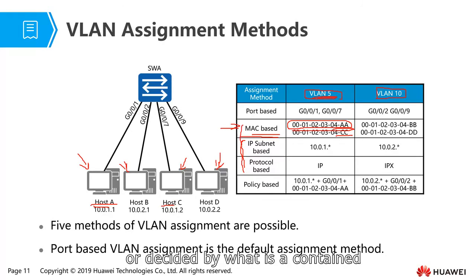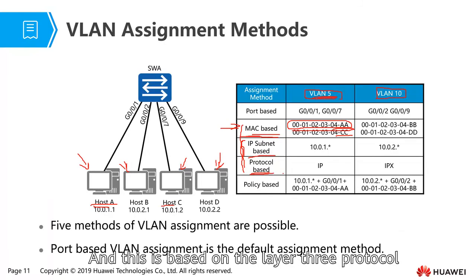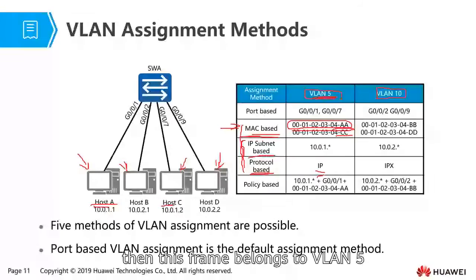All are decided by what is contained in the Ethernet frame. This is based on the MAC address, and this is based on the source IP address. And this is based on the layer 3 protocol. If the layer 3 protocol is IP, then this frame belongs to VLAN 5.